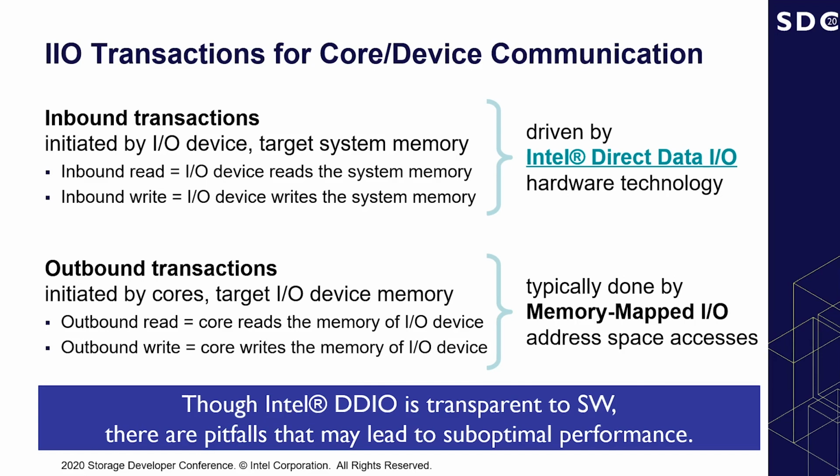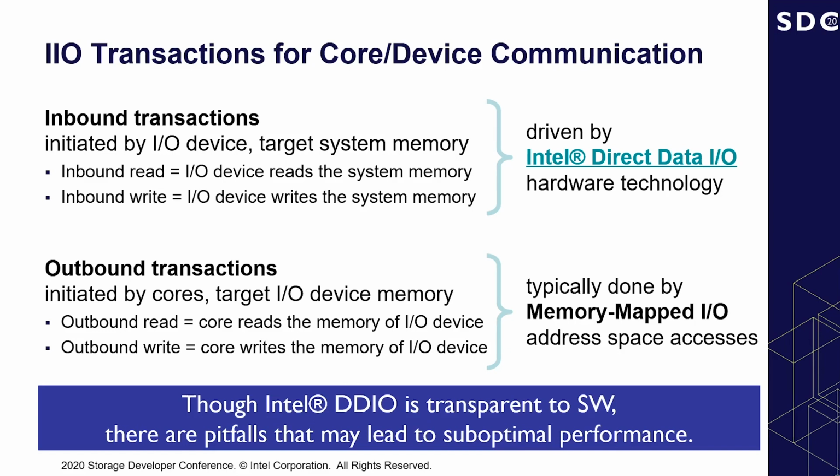And then we just flip that for an inbound write scenario. The disk controller reads from a disk and then writes that data into the system memory. Your outbound transactions are typically initiated by cores, and they target your I/O device memory. Again, an outbound read means our core is going to be reading from an I/O device, and outbound writes are where the core is writing data to an I/O device. These are typically done through memory mapped I/O addresses.